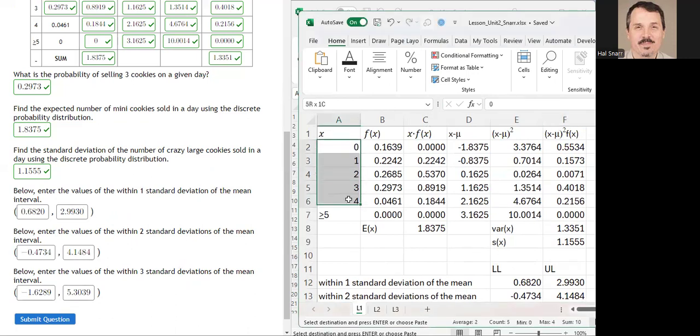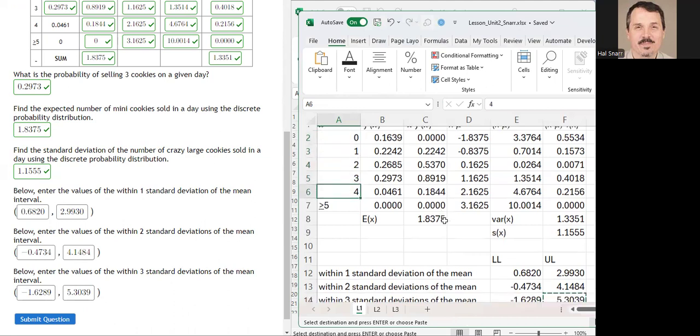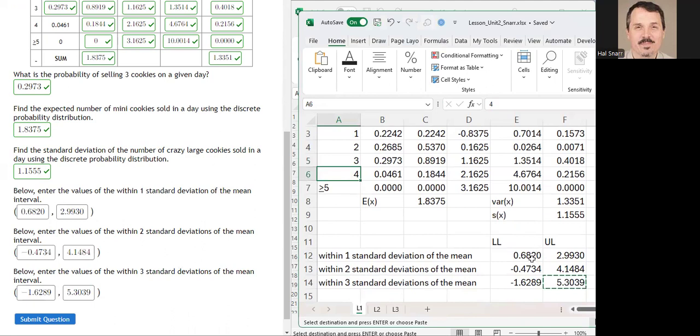I mean, you can think of this as all the observations because the probability of 5 or more is 0, right? So this is really a finite discrete probability distribution with just 5 values. The minimum is 0 and the maximum is 4, right? All of those values are within 3 standard deviations of the mean.